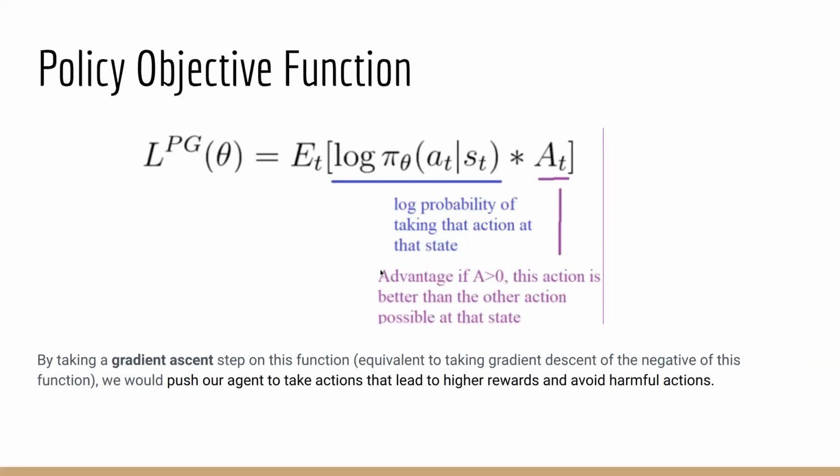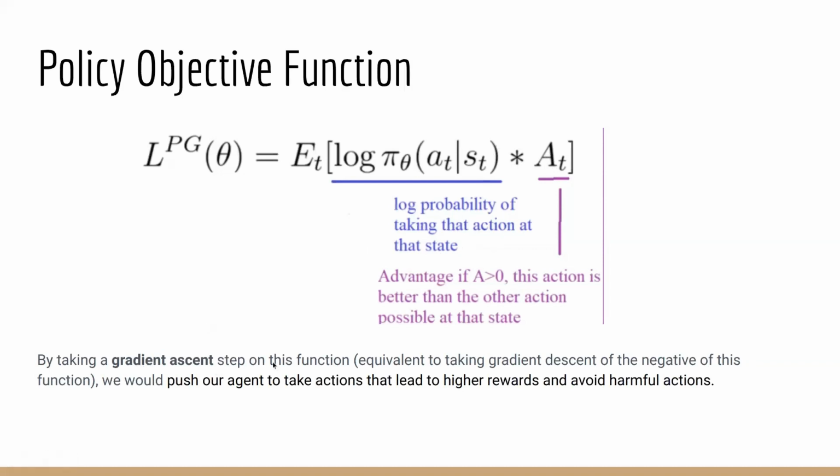So this is the normal policy objective function. It takes the log probability of taking that action at that state, and then times the advantage of the current state and current action compared to the old action.